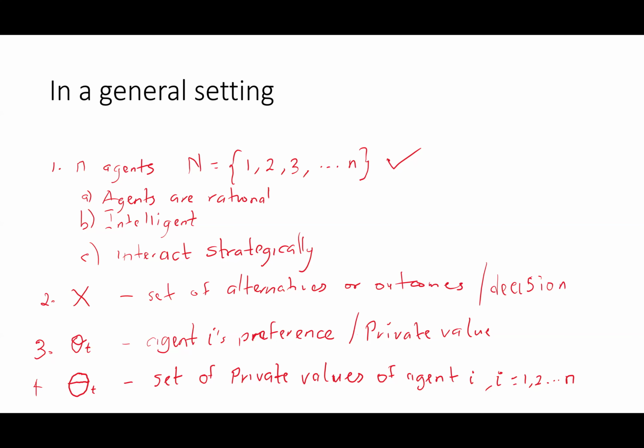I'm sure you've heard of issues of rationality over and over, even aside this course, in your micro and macro, especially micro. So I believe you understand when we say that the agents are rational. And then the next, we are saying that they are intelligent, obviously. So they are rational, they are intelligent.